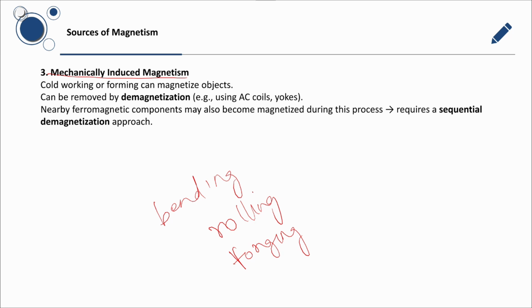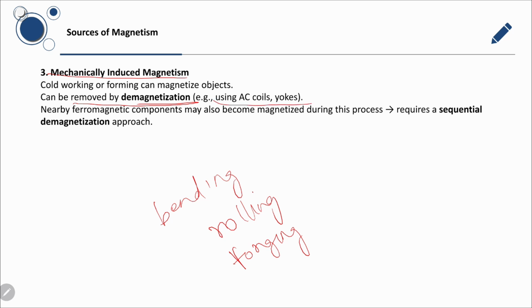Think about bending or shaping a steel pipe. This mechanical process can induce magnetism. This type of magnetism can often be removed by demagnetization techniques, for example, using AC coils or yokes.